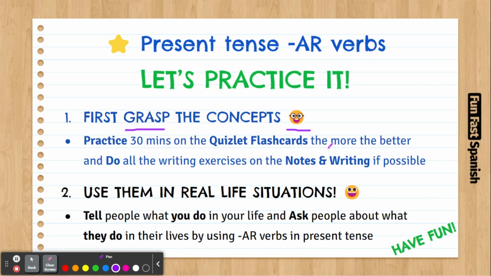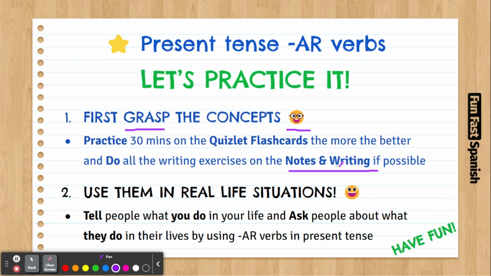If you can do more than that, it's even better. Sorry, my voice went away. So just practice first the Quizlet flashcards. Now, after that, if you have time, I highly recommend to do the notes and writing exercises.